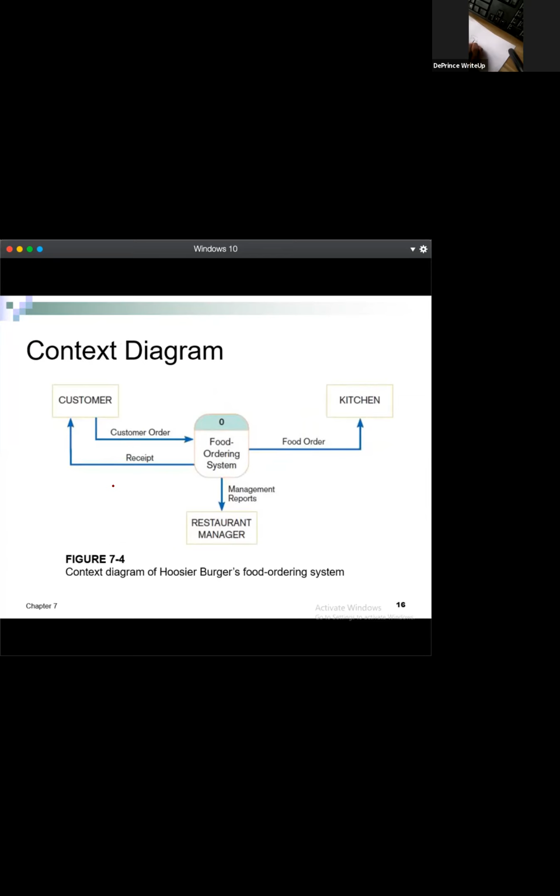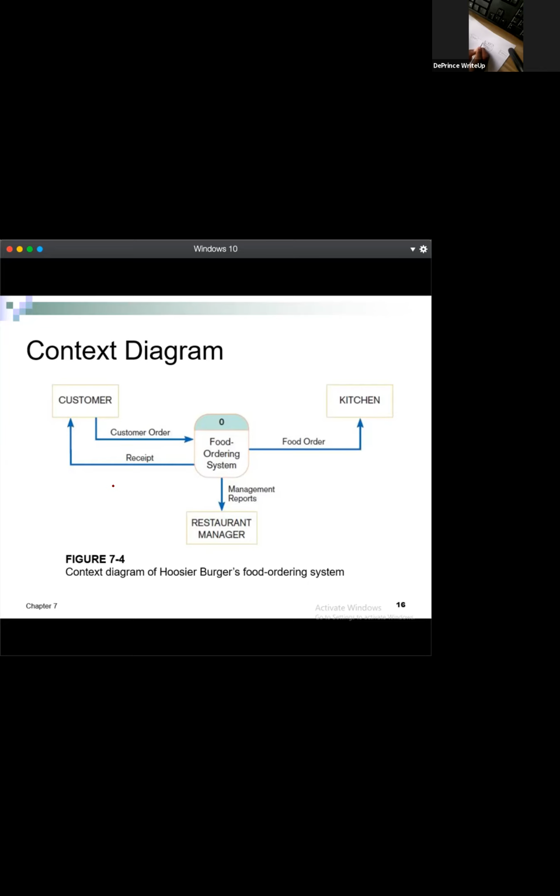Customer, kitchen. Okay, receive and transform order. This is the first process, and you name it as 1.0.